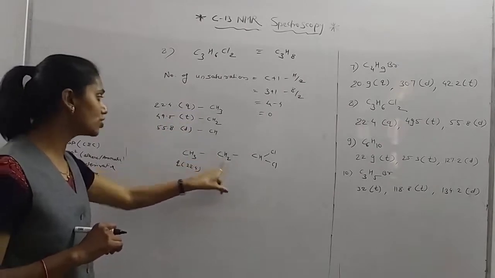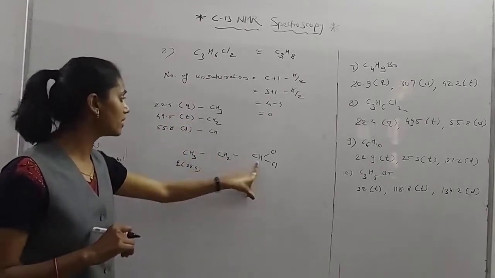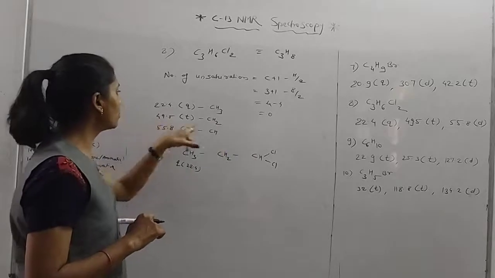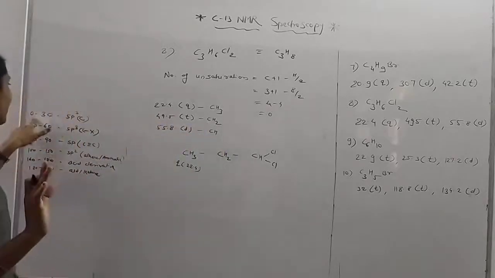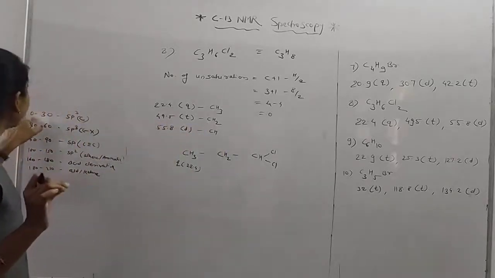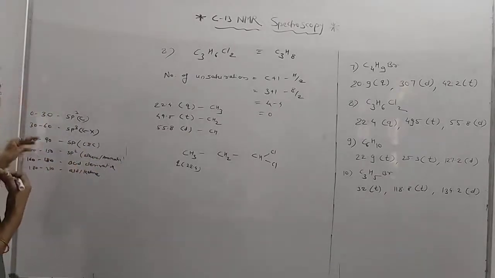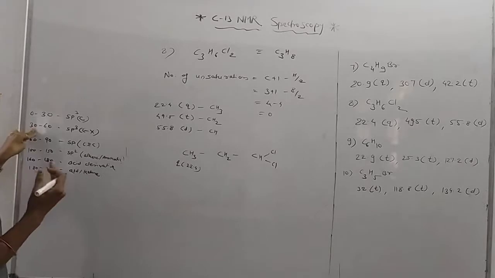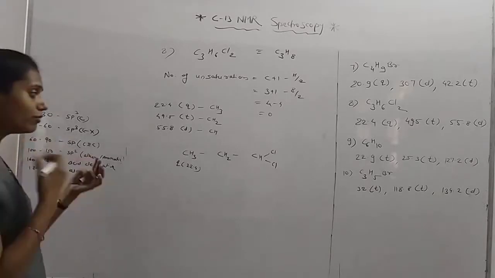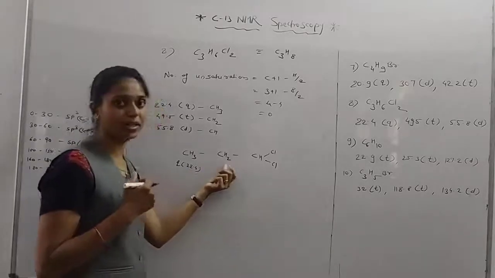This CH2 is attached to carbon, and from here again a carbon, there is no electronegative group, but still it does not give the signal between 0 and 30, and it goes to the deshielded side, that means 30 to 60, downfield direction.